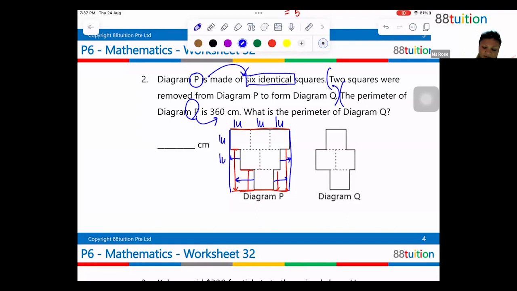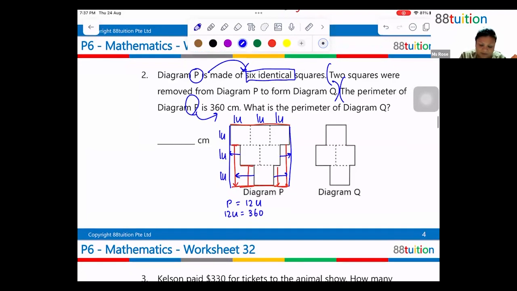So you form a bigger square, whose perimeter will be 12 units. And this 12 units is equal to 360 cm. That means 1 unit will be 360 divided by 12 to give me 30. Okay, so we have 30 here.